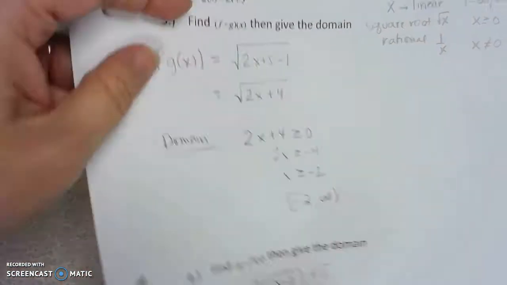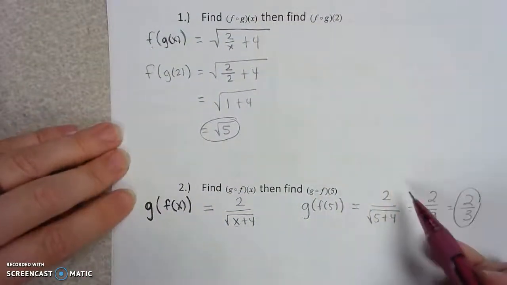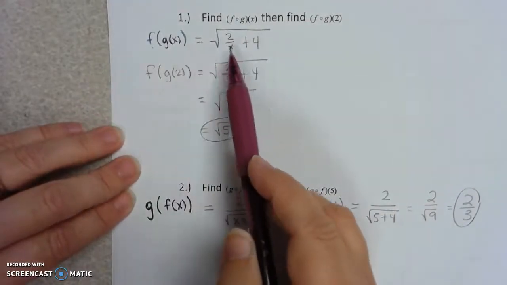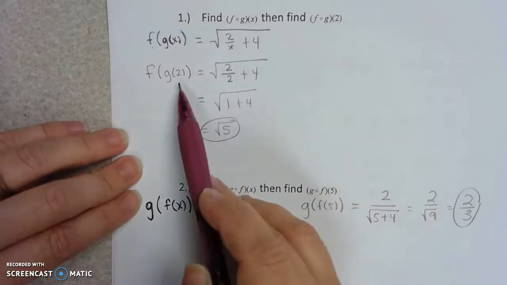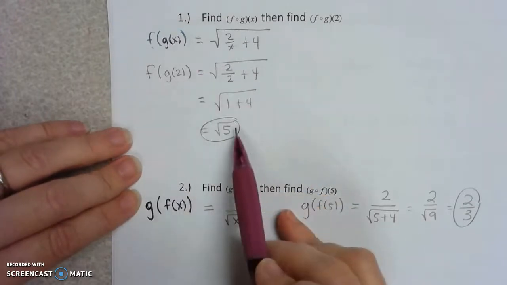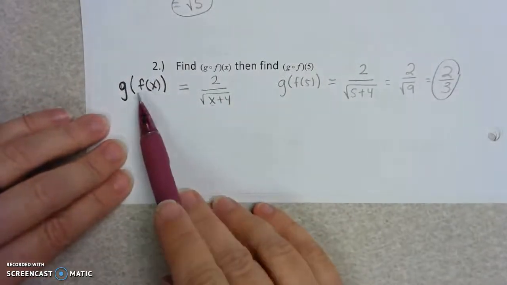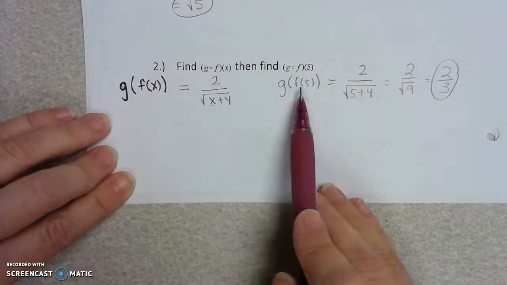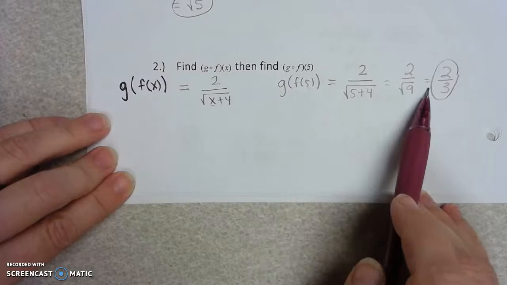But on the previous page, same thing, we first found the function, the composition, and then they gave us a number and we could fill it in and get a number out. So here we did the composition, g of f of x gave us this function, and then they gave us a number which we were able to fill in and get a number out.